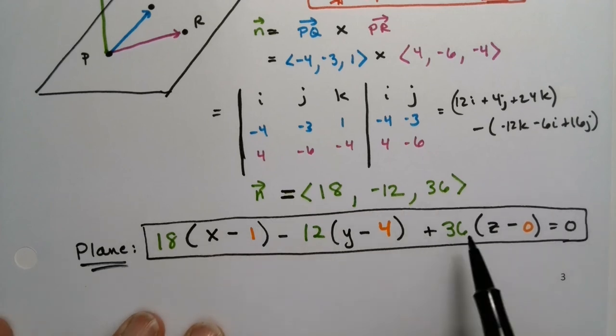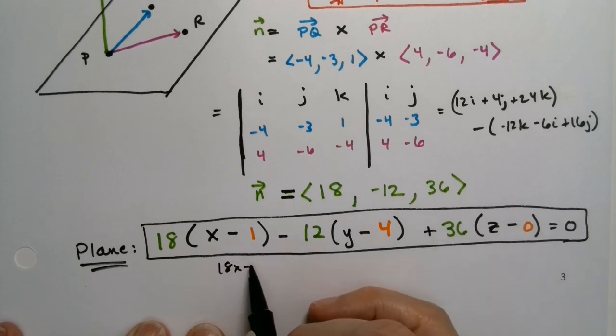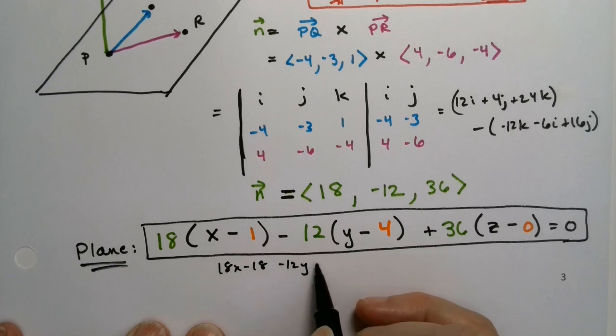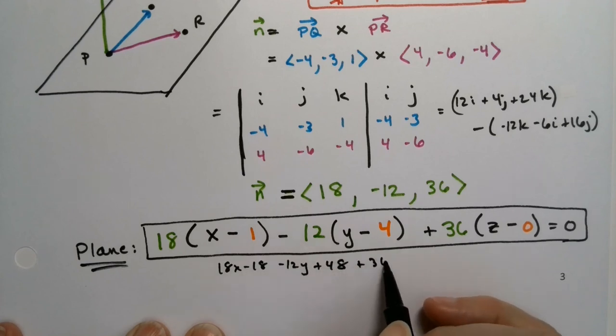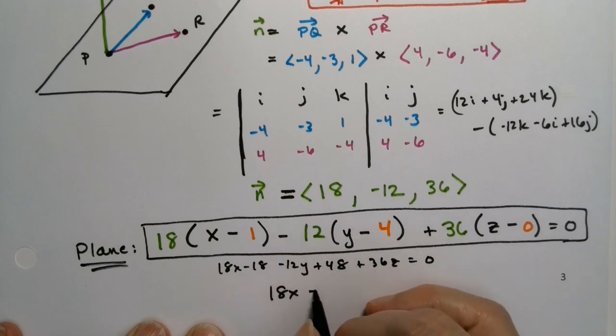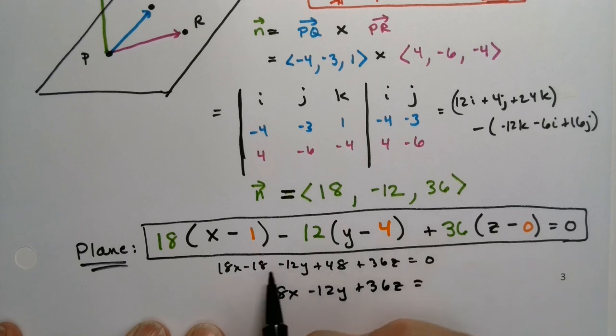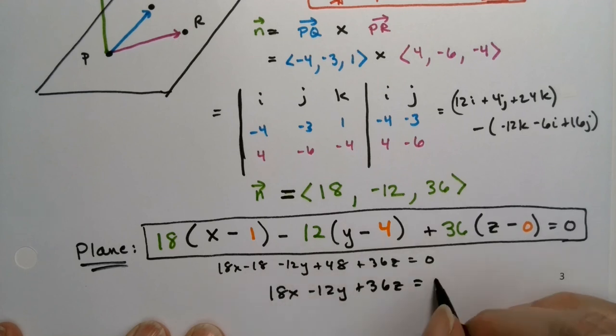It's an equation of a plane, so it has to have an equals on the other side. Now, if you want to multiply everything out and get everything together, it's fine. So it's 18x minus 18 minus 12y plus 48 plus 36z equals 0. So that'd be 18x minus 12y plus 36z equals negative 30, right? Because those two make 30.